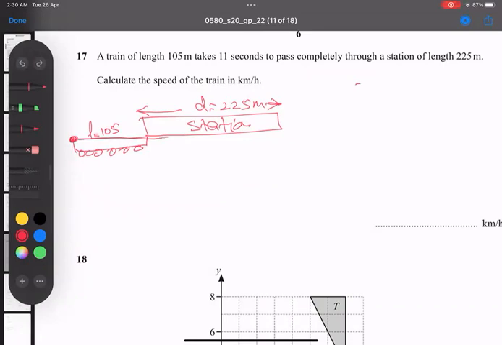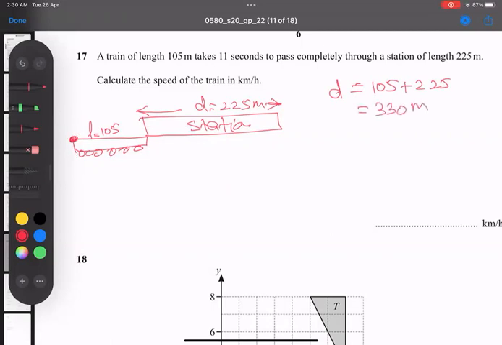So it has to travel this distance, the total distance from here to here. The total distance which it has to travel is 105 plus 225 meters. And if I check, 105 plus 225 gives 330 meters.